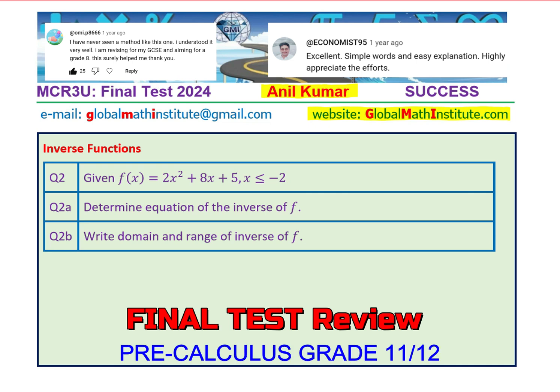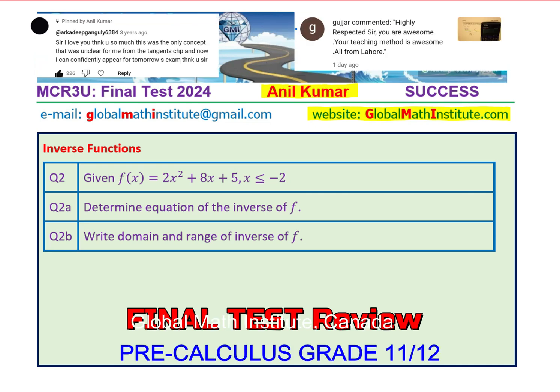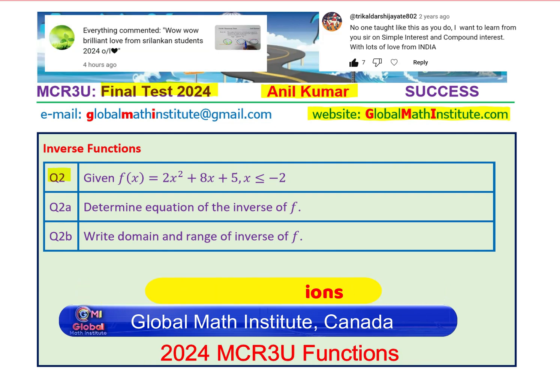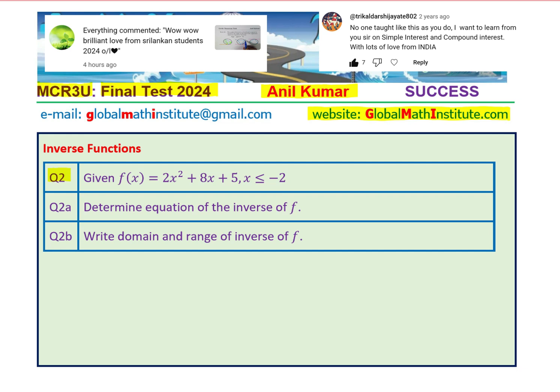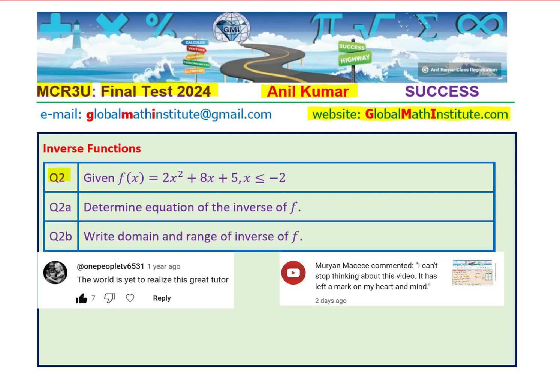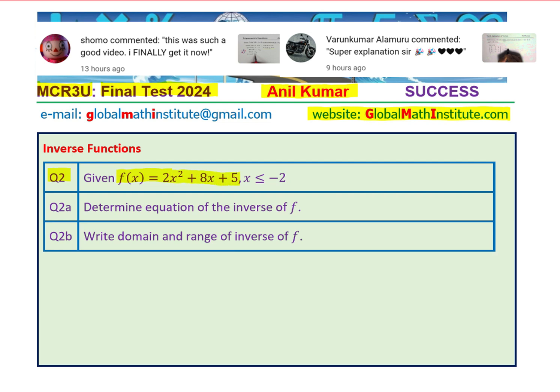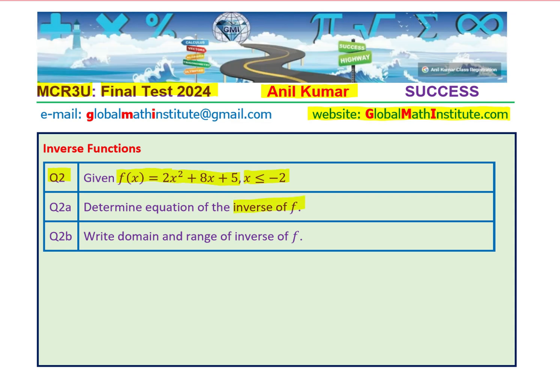In this video, we'll look into the solution of question number 2 from our final test paper 2024, MCR 3U Functions. The question is: given f(x) = 2x² + 8x + 5, where x ≤ -2, Part A, determine the equation of the inverse of the function, and Part B, write down the domain and range of this function.